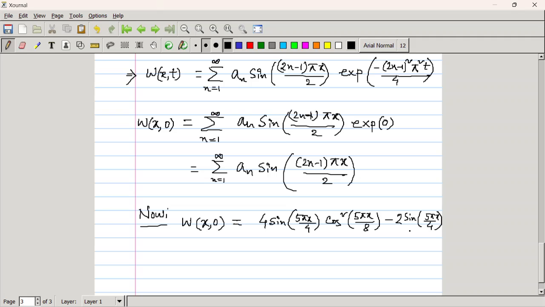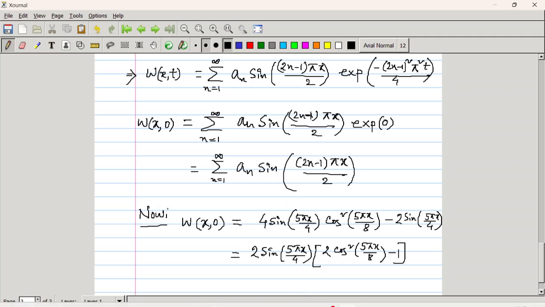Now I will simplify this expression. I take 2 sine 5 pi x by 4 common, so I get 2 cos square 5 pi x by 8 minus 1.